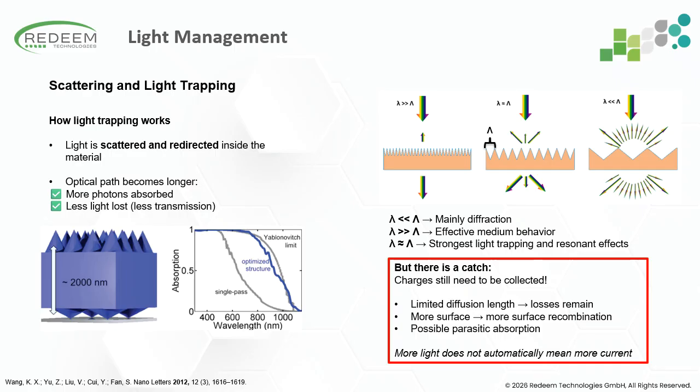While the diffusion length inside the semiconductor remains unchanged. In addition, highly textured electrodes may introduce additional parasitic absorption. So maximizing optical absorption alone does not guarantee higher photocurrent. An efficient PEC electrode must always balance light management with charge collection.